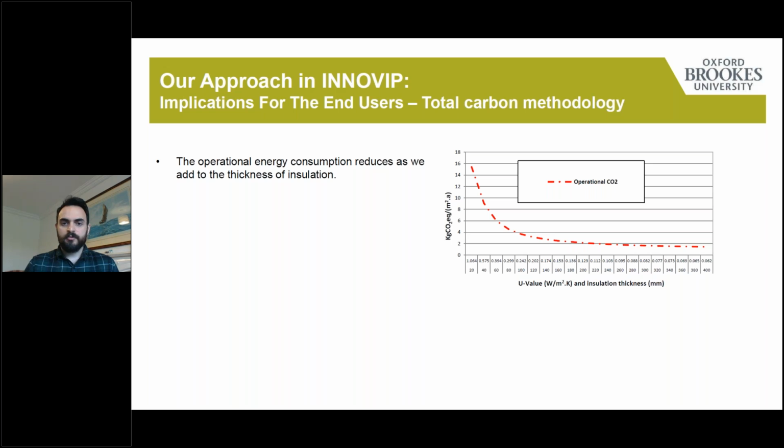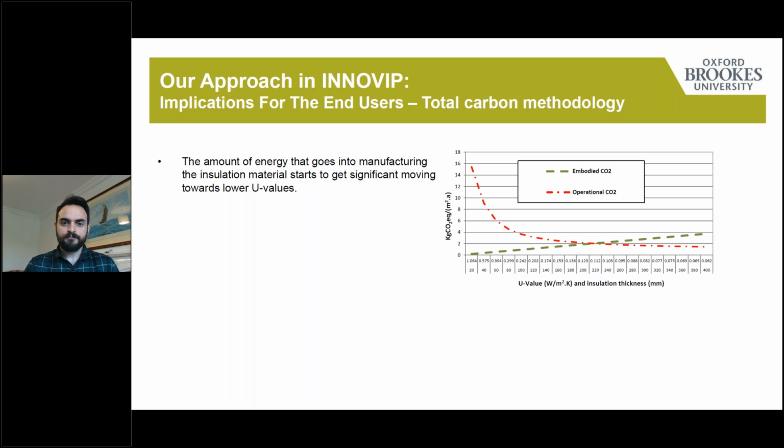Our approach in INNOVIP was that we have taken a total carbon methodology approach. Looking at this graph, what it's showing is that on the x-axis, as you add to the thickness of insulation, the operational energy of your building reduces. Of course, it's because you are improving the thermal performance of your building cladding and building element.